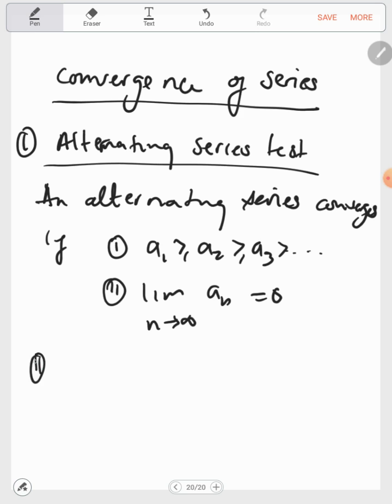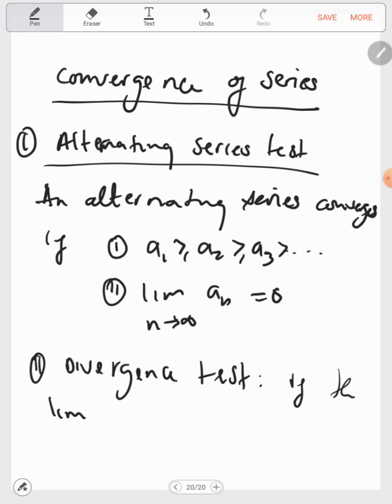Then let's also state the divergence test. Okay, so maybe let's do this.